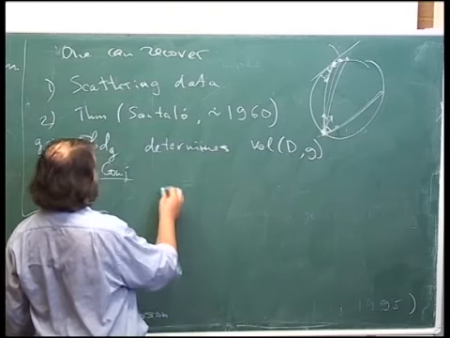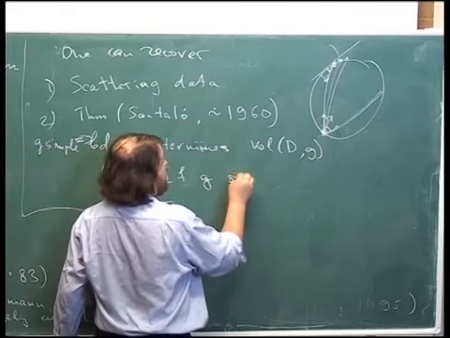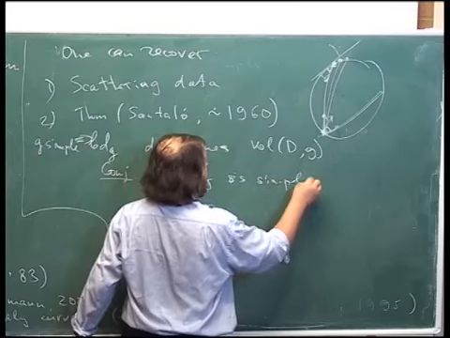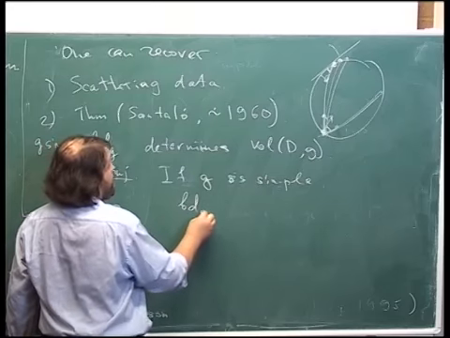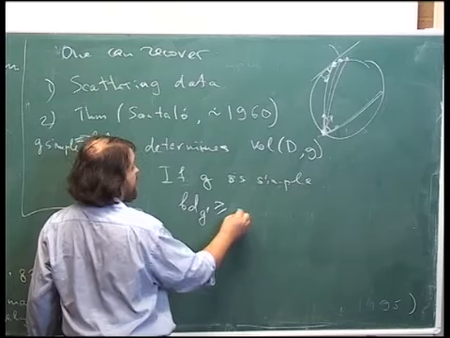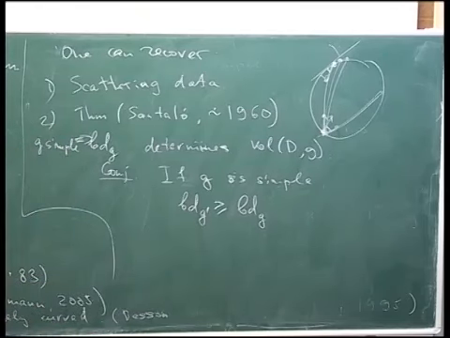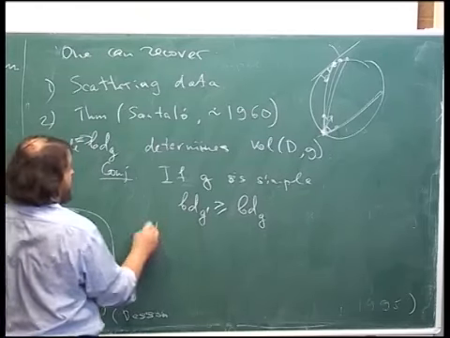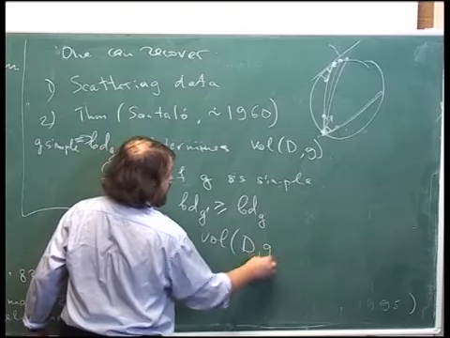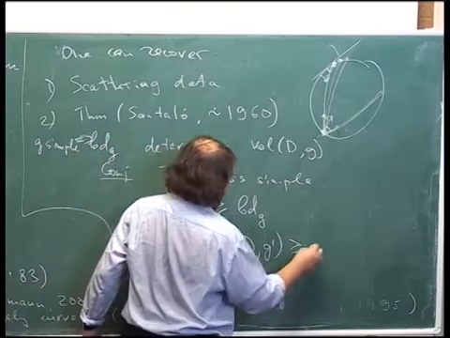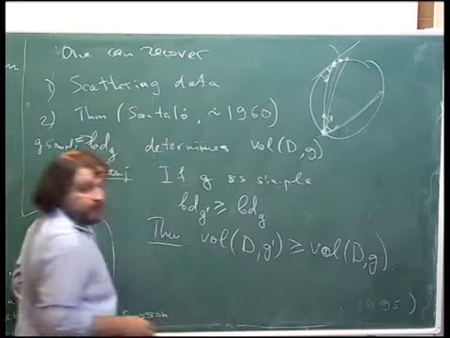It says the following: if G is simple, and G prime is any metric which induces at least the same boundary distance, where this inequality is pointwise, then the volume of the disk with the metric G prime is at least as large as the volume of the disk with the metric G.